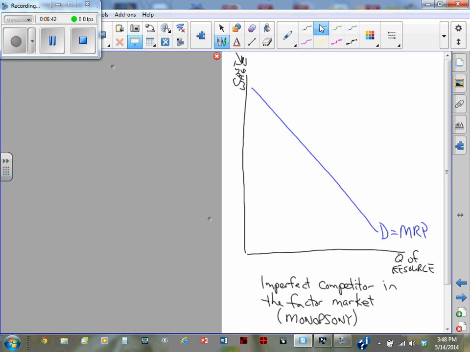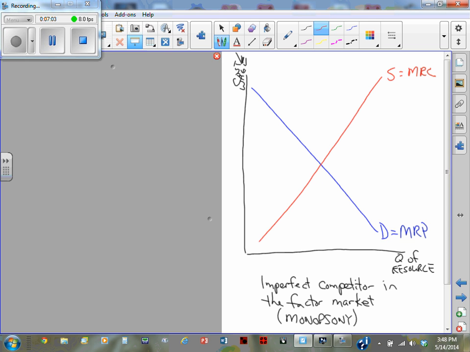Unlike the perfect competitor, however, this time we don't face a perfectly flat supply curve. Now our marginal resource cost is going to be upward sloping. So there will be a supply of labor that is our marginal resource cost.